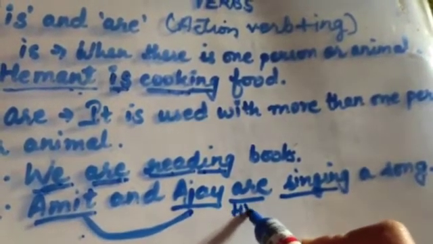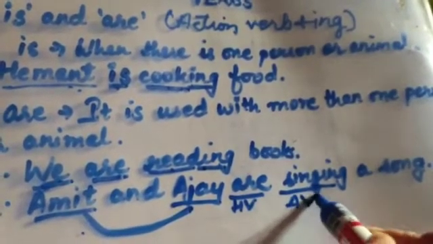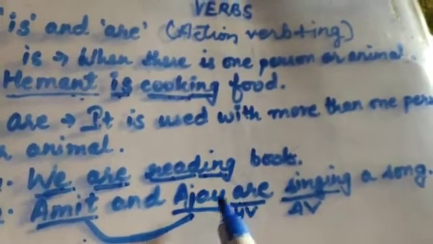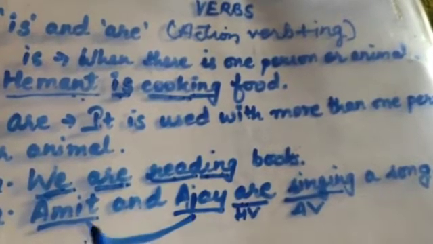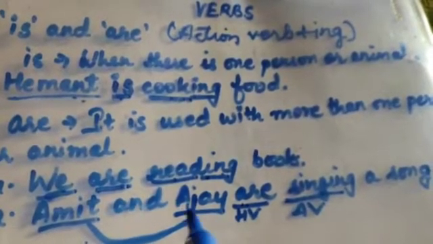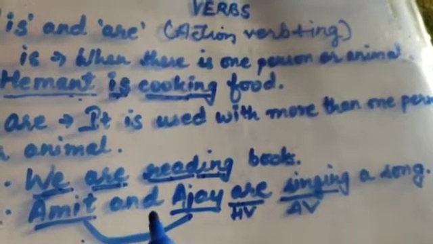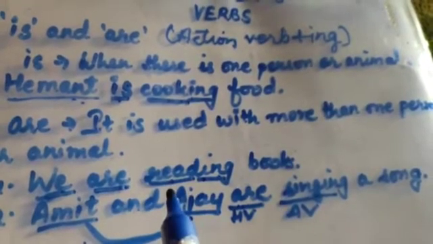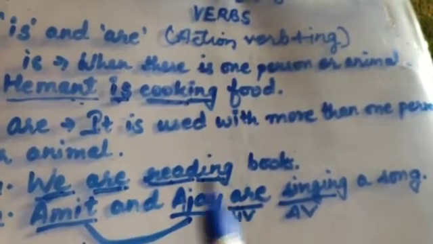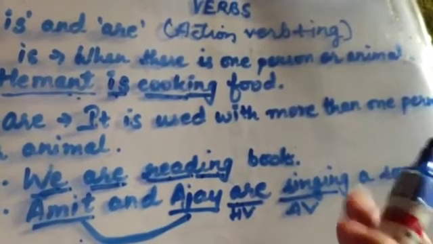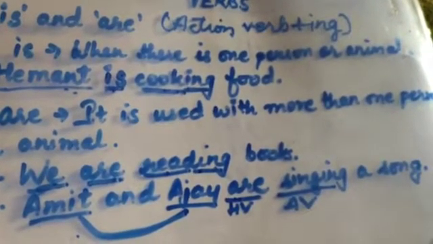So this is your helping verb and this is your action verb. So are is used with more than 1 person. There are 2 persons, that is more than 1. This is plural, plural noun. So whenever there will be a plural noun, we will use are, and the action is happening right now, in front of you.